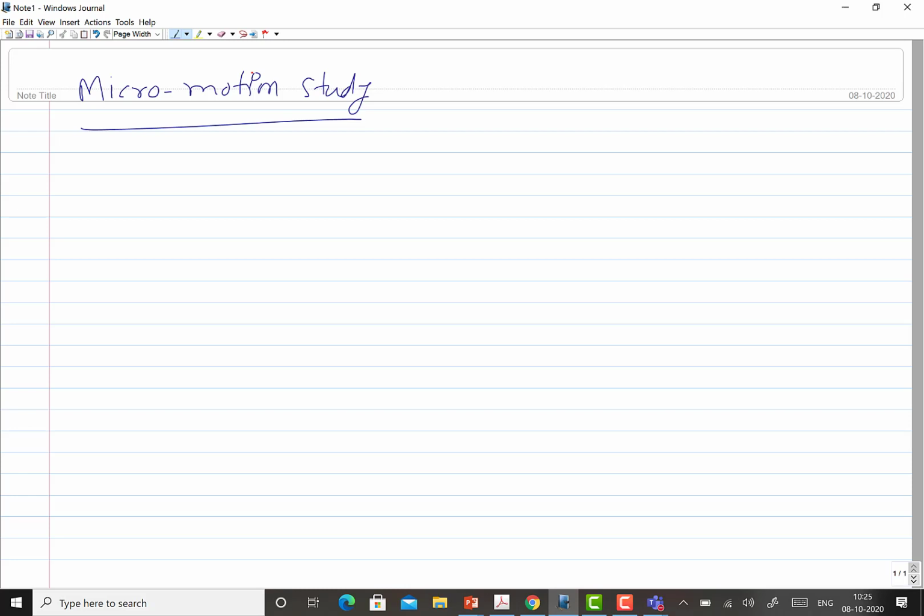So anyway, it's fine. The micro motion study is basically used for, like I said earlier, very short cycle jobs. Maybe the entire job is 2 to 5 seconds only. Such short cycle jobs need to be studied to see what kind of improvement can be brought in.